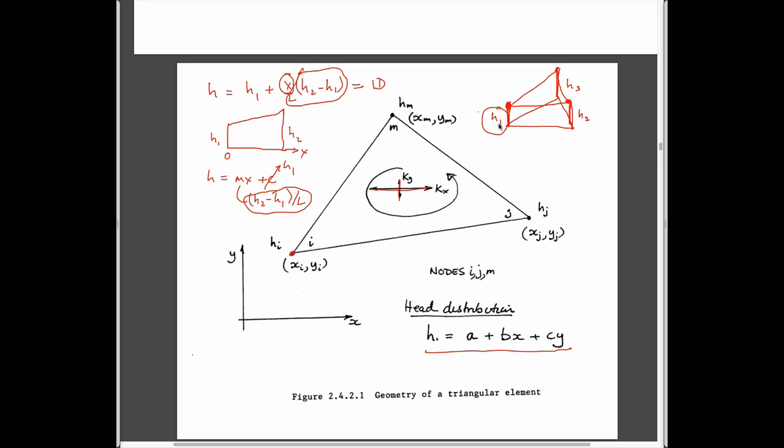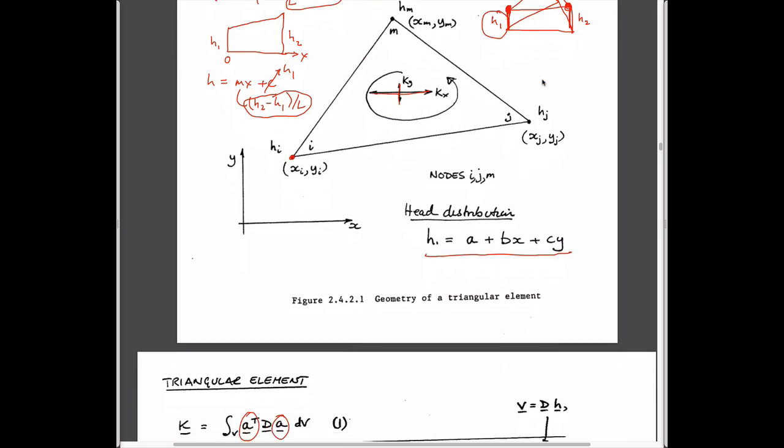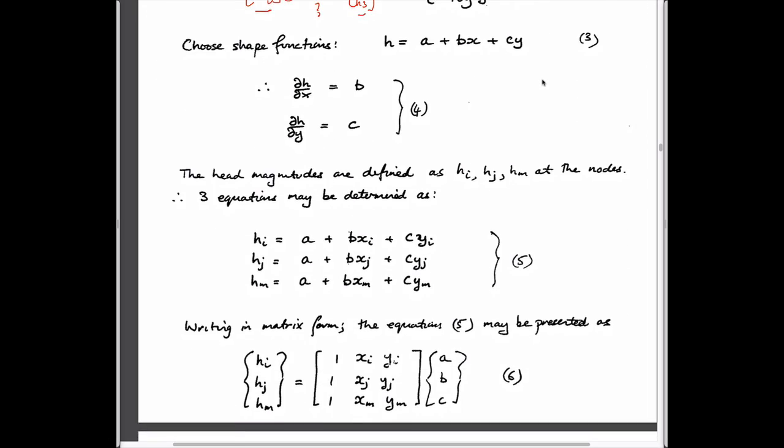If we do it 3 times, so we write the equation for the plane here in terms of h1, here in terms of h2, and here in terms of h3, we end up with 3 equations. We have terms a, b, and c in those equations, and so we should be able to solve for a, b, and c as a function of h1, h2, and h3. So that's really our role. And that's exactly what we're attempting to do here.